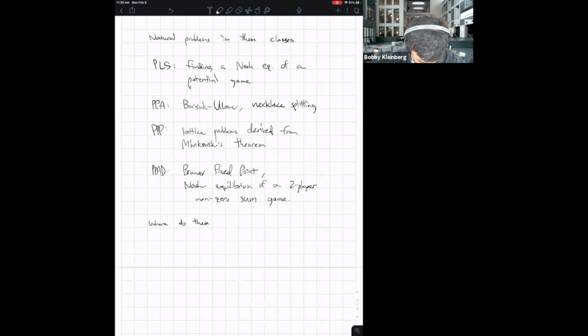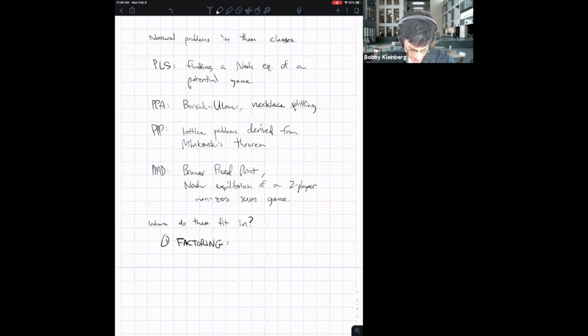So where do these fit in? The first one is factoring. In this problem, I give you an n-bit integer in binary, and you are supposed to output its prime factorization. That's clearly a total function problem because every integer can be factored into primes.